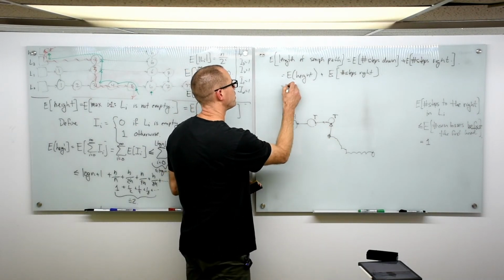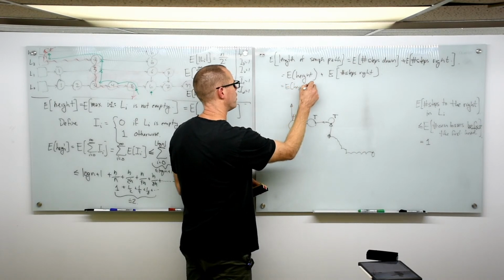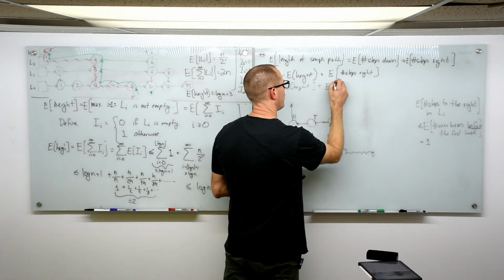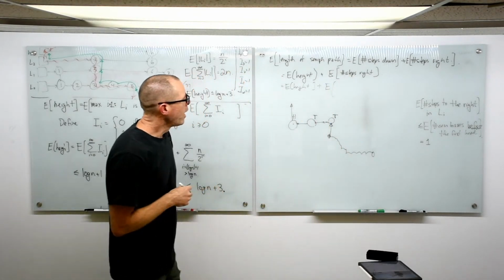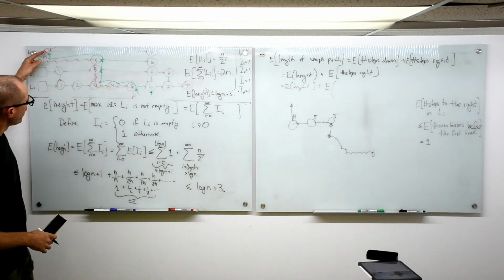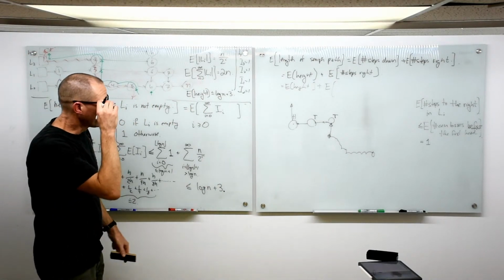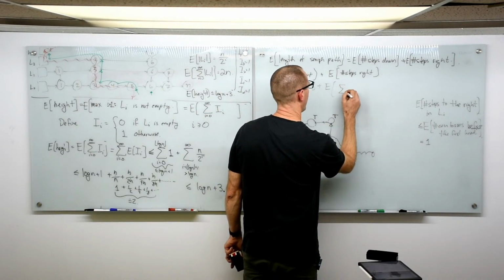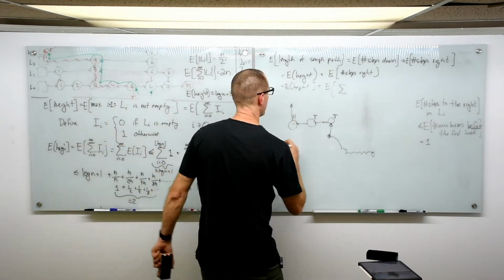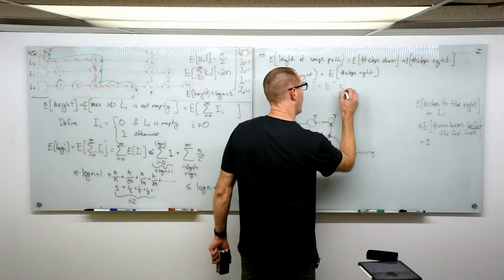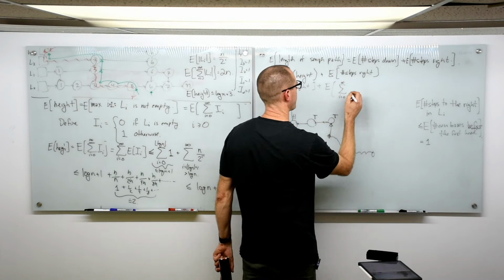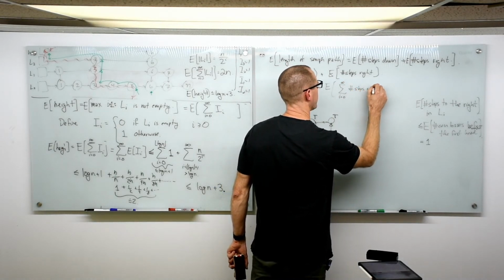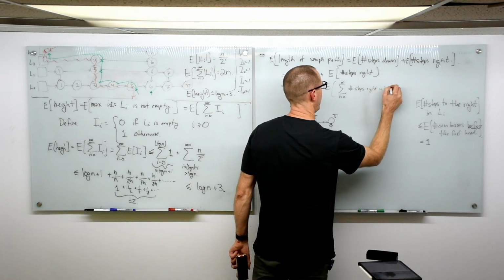All right, so this is the expected value of the height plus, so steps to the right, there's some at each of the levels, so I need to count them across all the levels. So I take the sum. Well, what are the level numbers? Well, the level numbers go from 0 all the way up to infinity of the number of steps right in L_i.